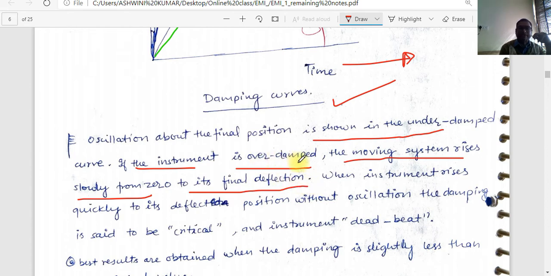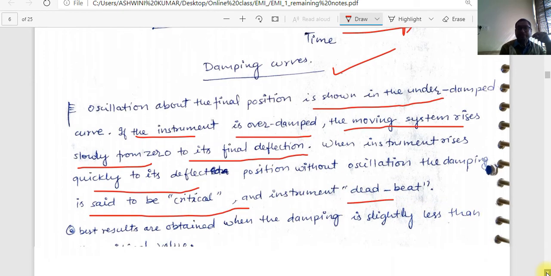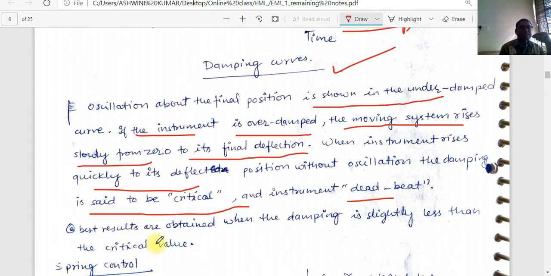When the instrument rises quickly to its deflection position without oscillations, the damping is said to be critical, and the instrument is deadbeat. Best results are obtained when the damping is slightly less than the critical value.